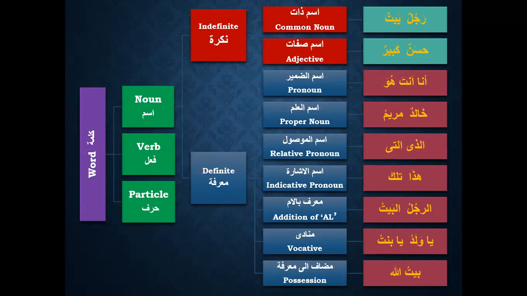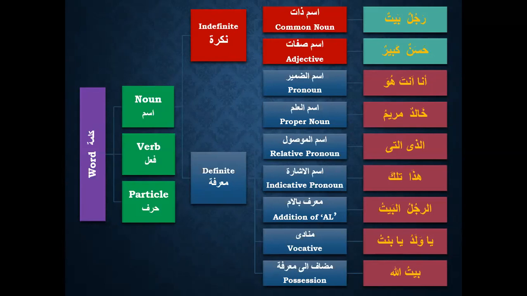Mu'arraf bil lam, an indefinite noun that has al before it to make it definite, ma'rifah. Munada, the vocative, the person you're calling by using o before it, which is ya in Arabic.